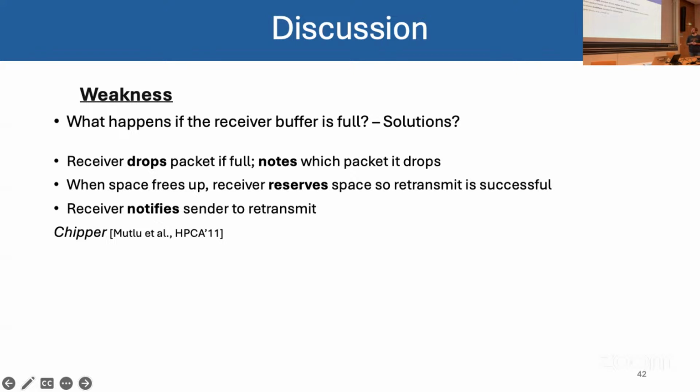And yeah, so basically, the receiver just drops the packet if a receiver side buffer gets full, and then it notes which packet it drops. And then when space frees up in the receiver side buffer, the receiver just notifies the sender to retransmit.